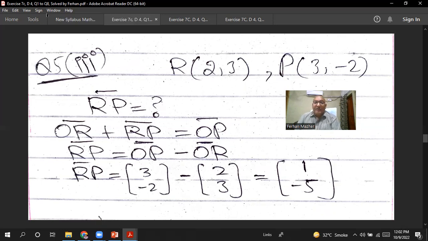RP is starting from R, so its formula in position vector terms will be OR at the start, P at the end, so OR plus RP equals OP. RP will be equal to OP minus OR. Simply put the position vector of P and the position vector of R there. So (3, -2) minus (2, 3). So 3 minus 2 is 1, and minus 2 minus 3 is minus 5. So the RP column vector will be (1, -5).